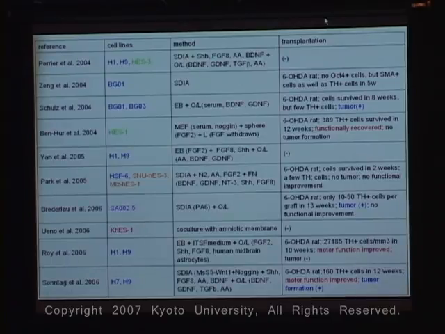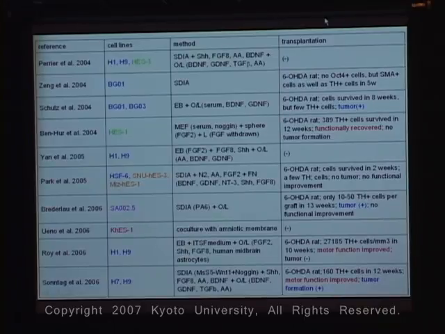But if you look more closely, in the papers that failed to show motor improvement, only a few, 10 to 50, Th positive cells survived.